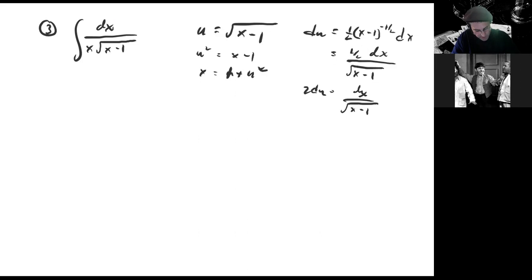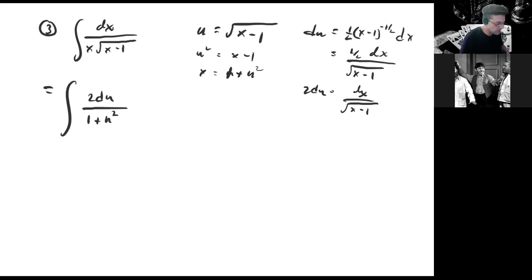Okay, so what do we get? So we get that this is the integral of, so the dx over the square root of x minus 1 is a 2 du, and what's left over is the x, which is 1 plus u squared.